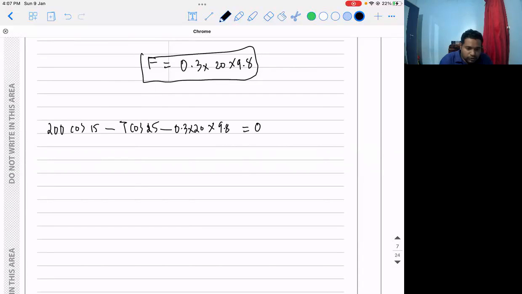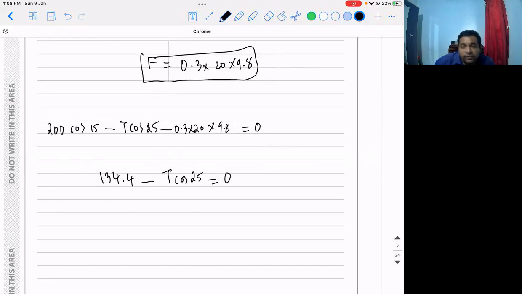So could you please simplify this? 200 cos 15 minus 0.3 times 20 times 9.8 is 134.4, rounding to 1 decimal place, minus T cos 25 is equal to 0.